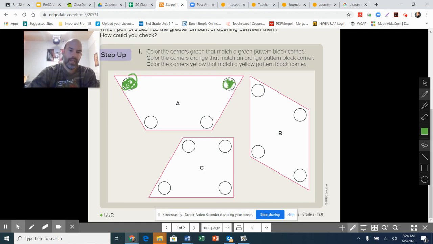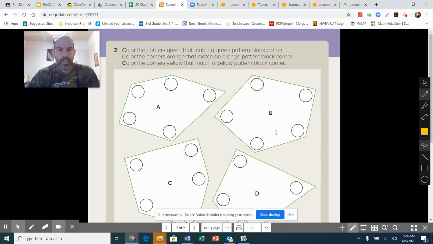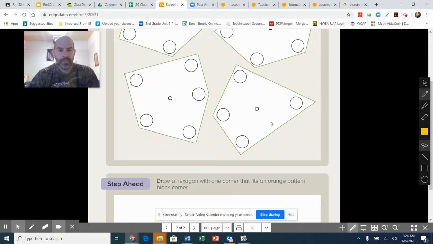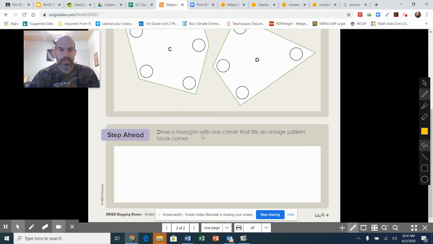And these ones here would be kind of like a yellow pattern block. I want you to keep trying that on your own. You're going to do more of that in this activity. And then you're going to draw a hexagon with one corner that fits an orange pattern block. All right.